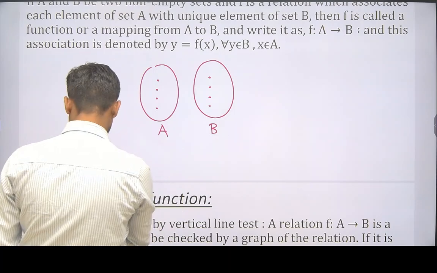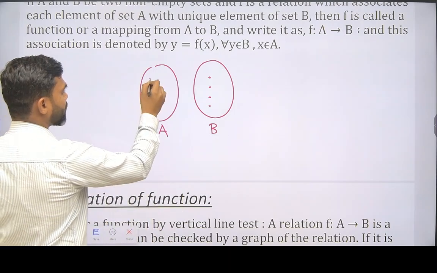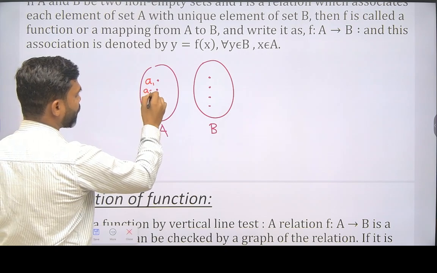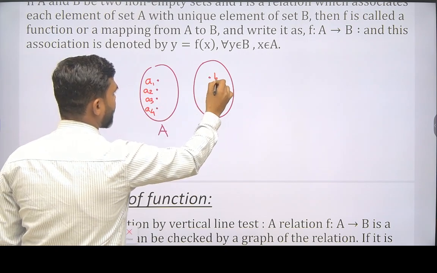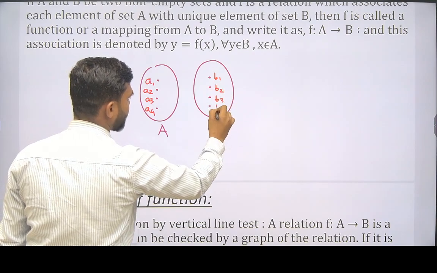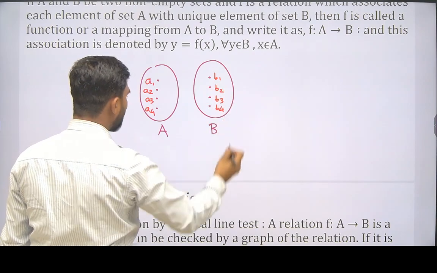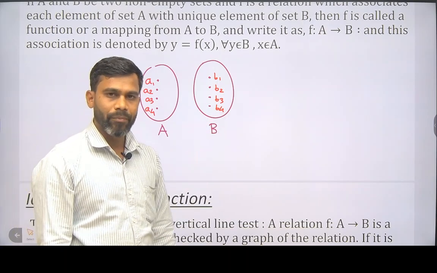Let me name them. Suppose this is A1, this is A2, this is A3, A4, this is B1, this is B2, this is B3, and this is B4. It is not necessary that the cardinality of both the sets are equal, right?